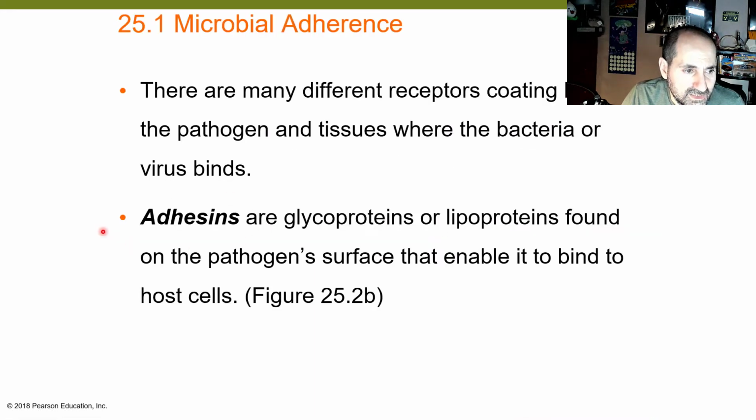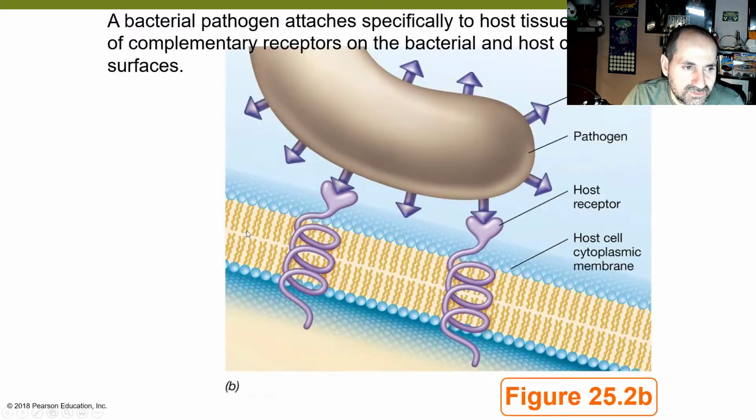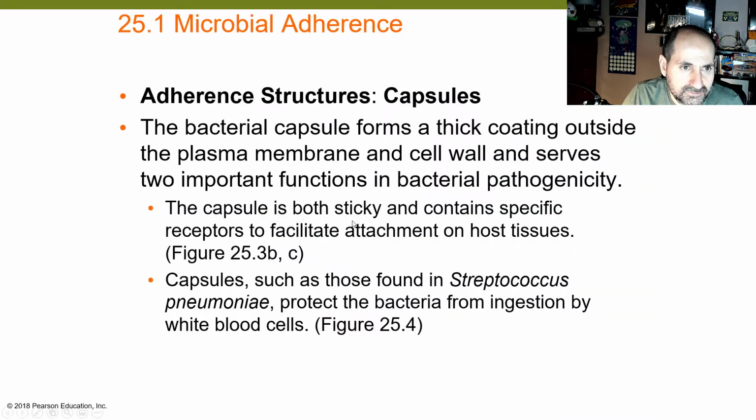We should know about adhesins. These are things that are found on the pathogen's surface that enable it to bind to the host cells. You should know about the adhesins, and they bind to receptors on the host cell. You should know about the adherence structures like capsules and why the capsules are important.